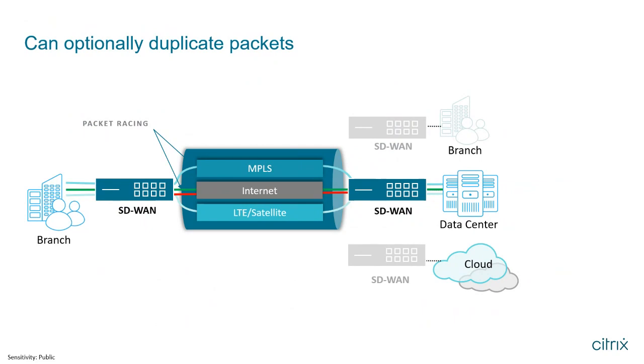One of the very, very interesting things is because it's not session-based and because it's packet-based, we can actually duplicate packets down the path, where if we understand that traffic is of such importance and of such time sensitivity, like voice traffic or video traffic might be, we can actually duplicate those packets and send them down multiple links at the same time, and understand that whichever packet reaches first, the other one will be discarded, so that we can maintain an absolutely optimal connection for that time-sensitive application and accelerate to the best of the line's abilities, capability, and to tolerate that from a latency perspective and get the best of all worlds.